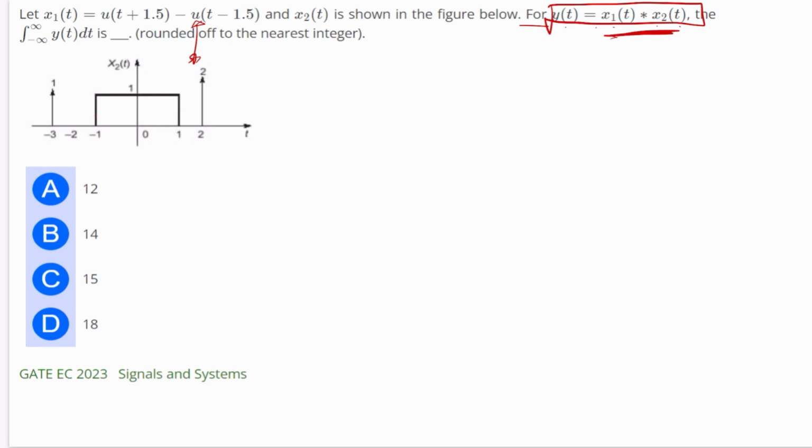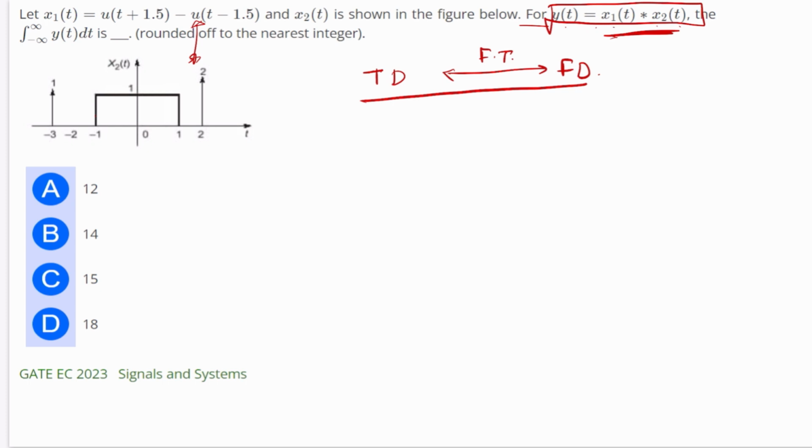Instead of doing the convolution, what makes our calculation and solution faster is changing the time domain signal to a frequency domain signal, and that can be easily done by Fourier transforms, right?